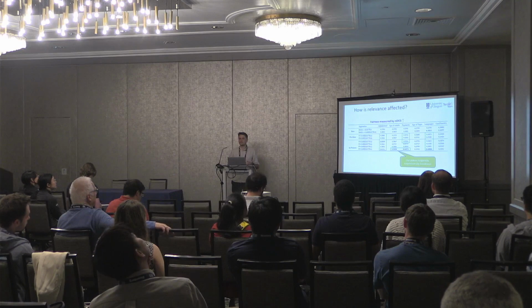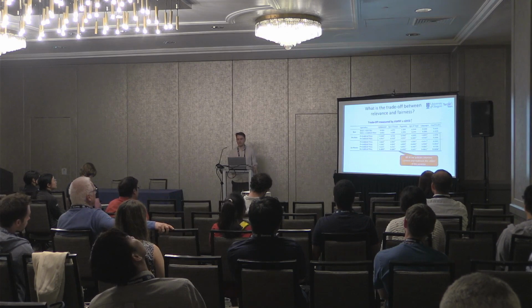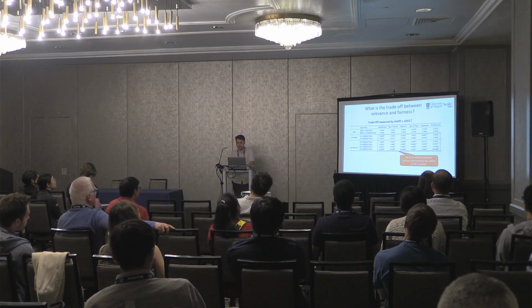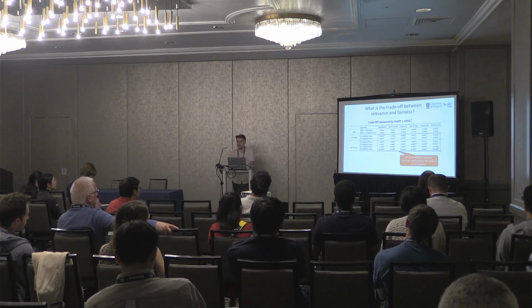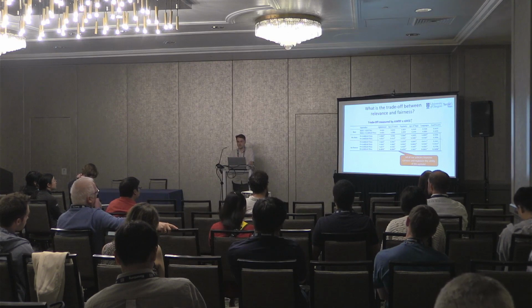But you can see that we're in the same area when it comes to this. And this is obviously then reflected in the trade-off between relevance and fairness. We can see that all of our policies actually outperform the standard re-ranking baseline and the adaptive re-ranking baseline.